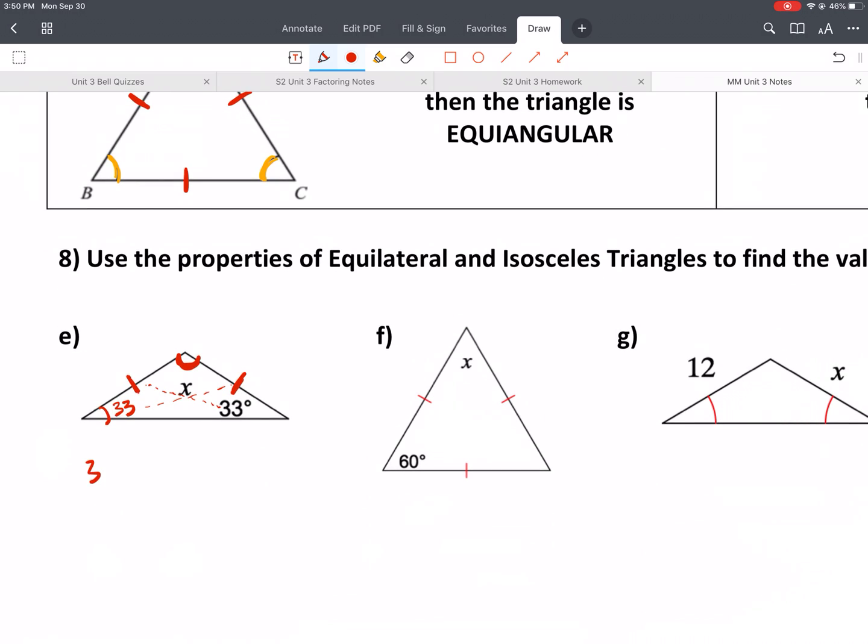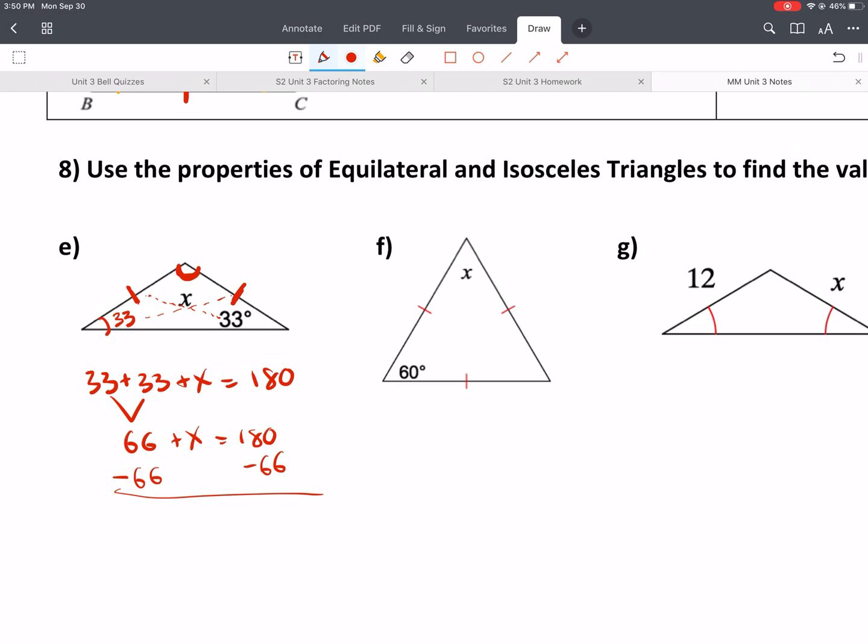So we would do 33 plus 33 plus x is equal to 180. This is the same thing as 66 plus x equals 180. Then we subtract 66 from both sides and end up getting x equals 114 degrees.